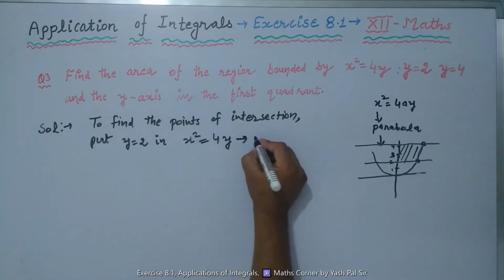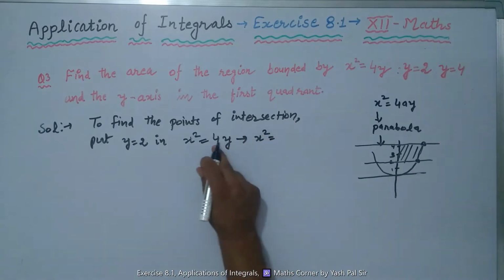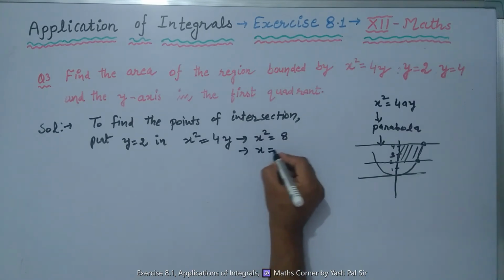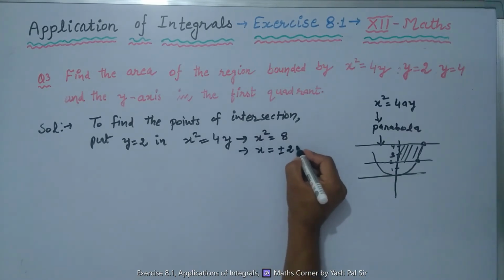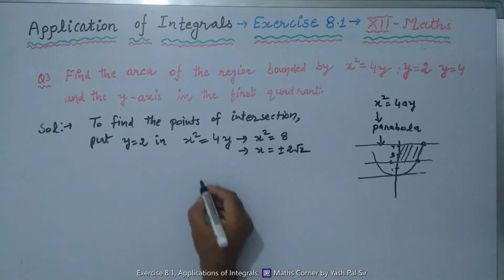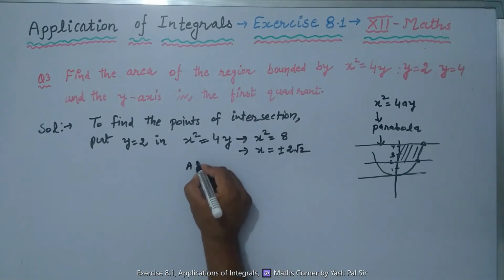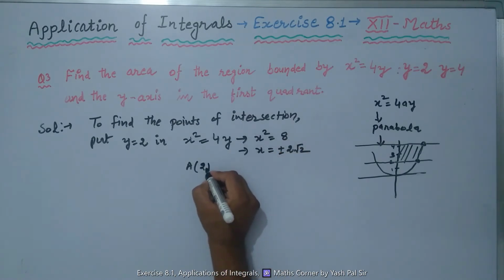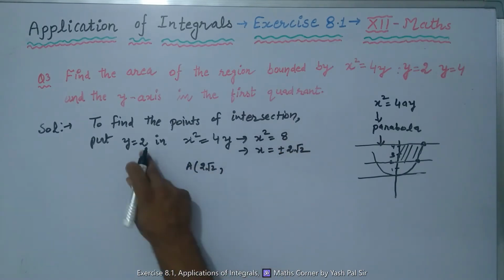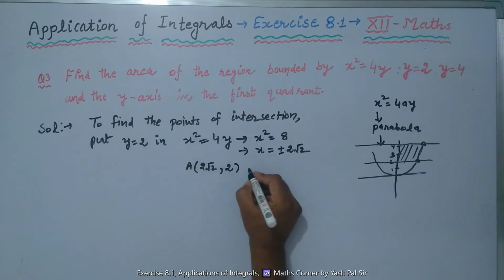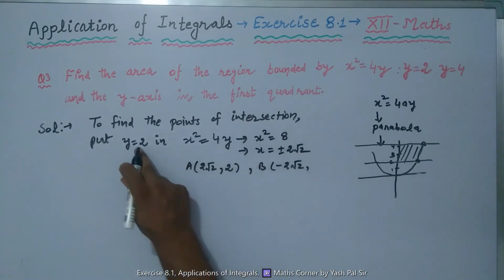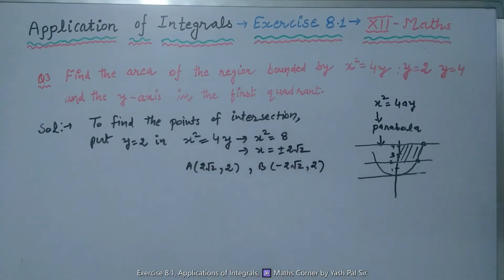So this gives x square is equal to 4 into 2, 8, which means x is equal to plus minus 2 square root of 2. So therefore we have a point A: x is 2 square root 2 comma y is 2. Second point, B point is minus 2 square root of 2 comma y is 2.